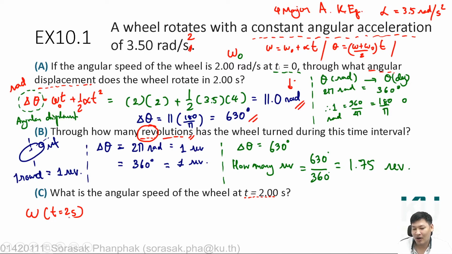Think about the equations involved in this part, because this is what happened through the 2 seconds of rotation. We stated the first equation, the second equation, the third one, and how about the fourth one?